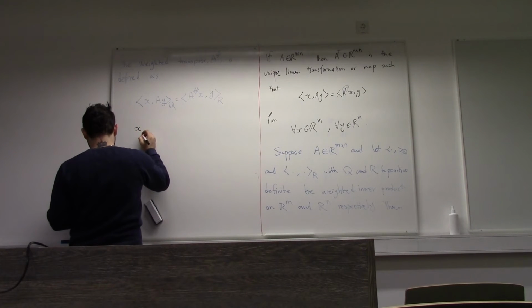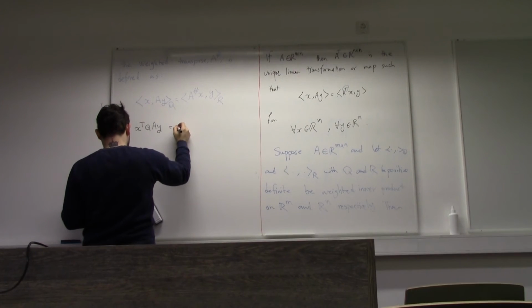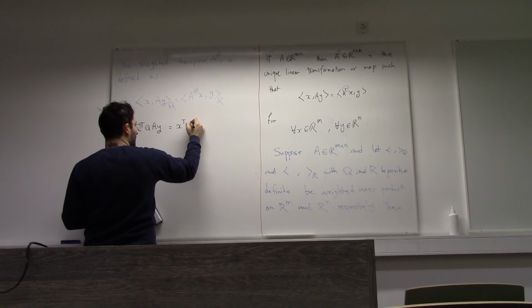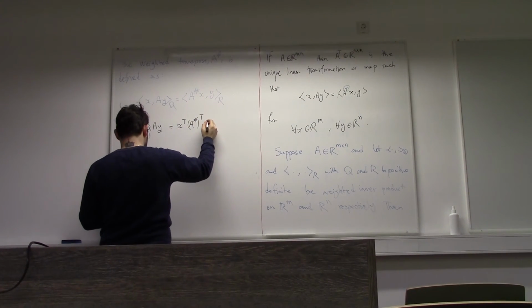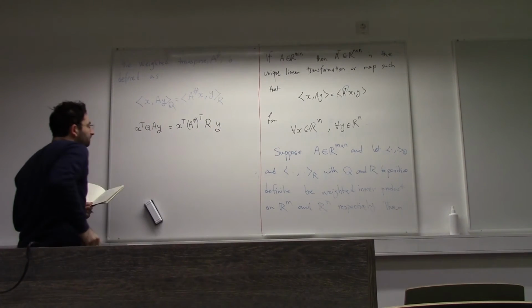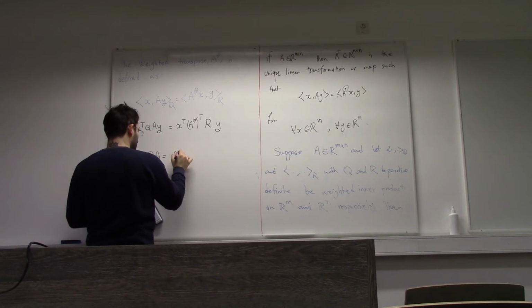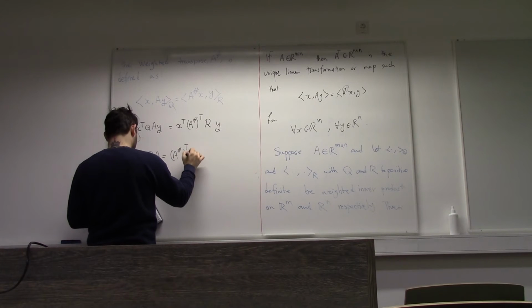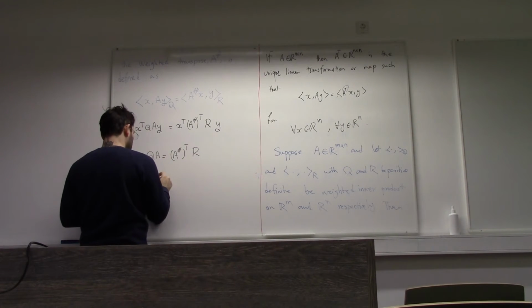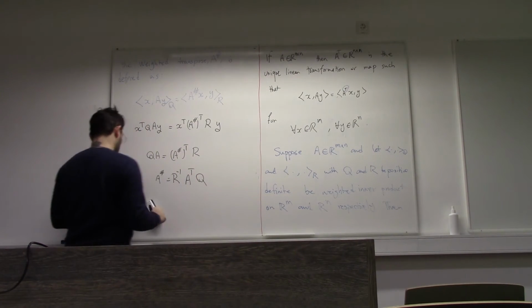So I have x transpose Q A y equals x transpose A hash transpose R y. So QA is A hash transpose R. So A hash is R inverse A transpose Q.